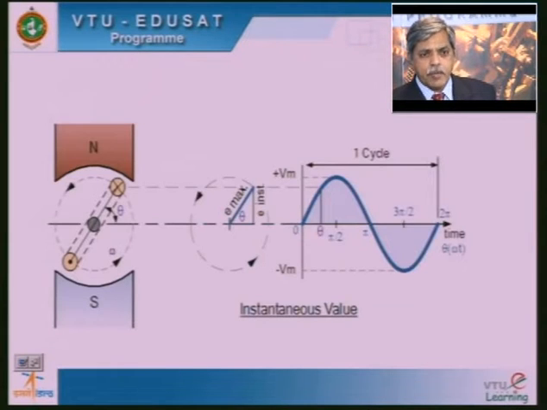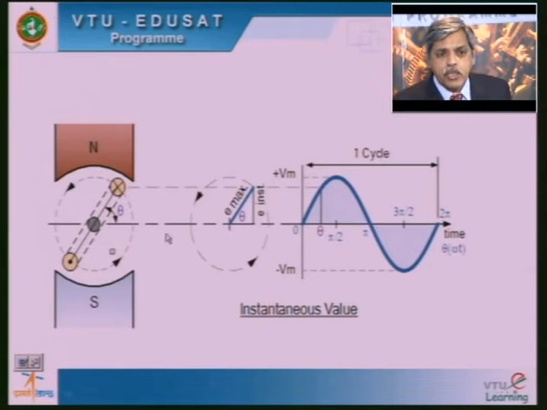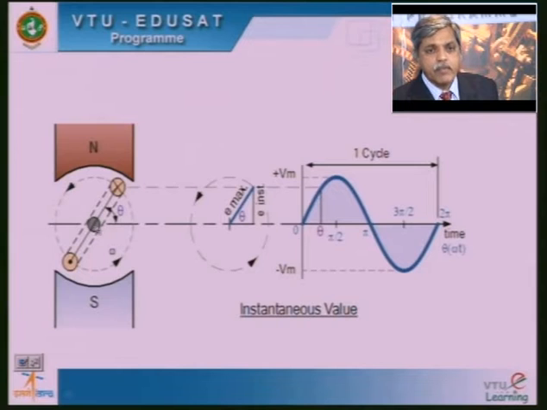So you can see here, this is another diagram where I have shown the coil at a position of theta with respect to the horizontal axis, like this. When theta is equal to 0, my first conductor will be here and the second conductor will be here.